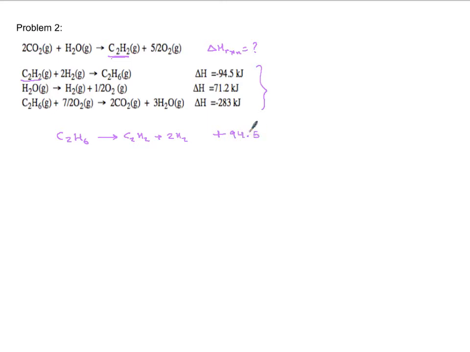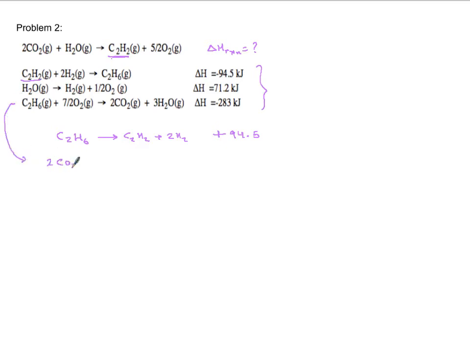Now what I'm going to do is actually go after my third equation. And I see that I need to get rid of C2H6 because I don't have it in the overall reaction. And I also want CO2 on my reactant side, so I'm going to reverse the third equation. So I'll bring it down here and I do the reverse.